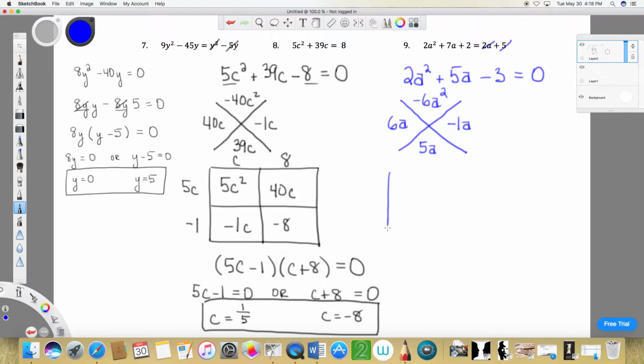And now in the form of a table, I'll take the first term and last term from my original problem, after I've written it in standard form, and put it along a diagonal.